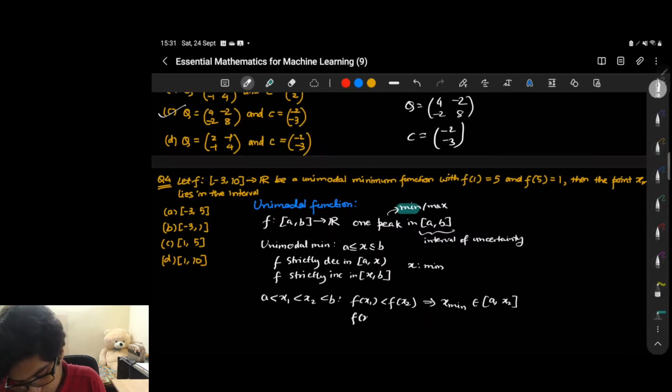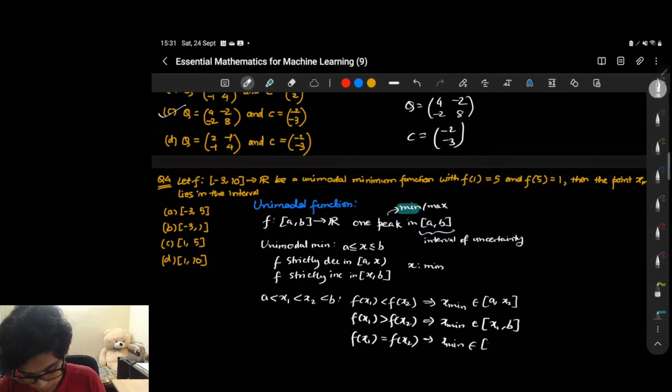If f(x1) is greater than f(x2), then x min lies in the interval (x1, b), and if f(x1) is equal to f(x2), then clearly x min lies between x1 and x2.